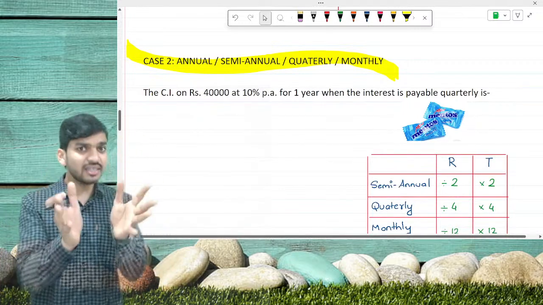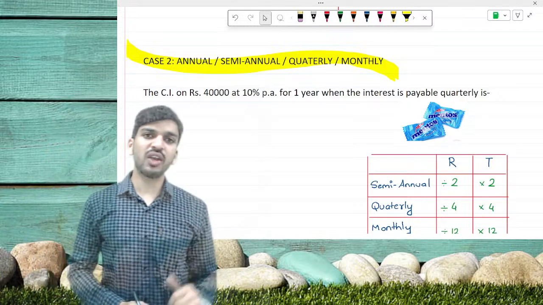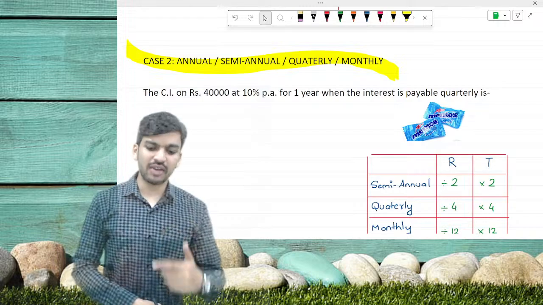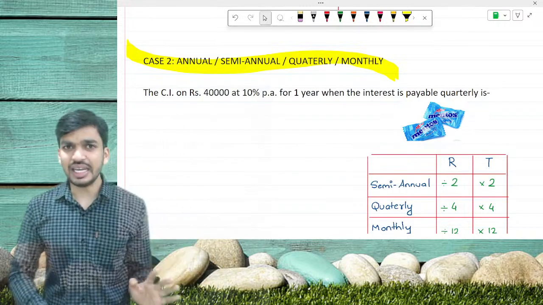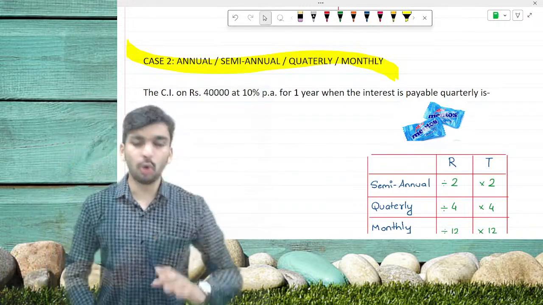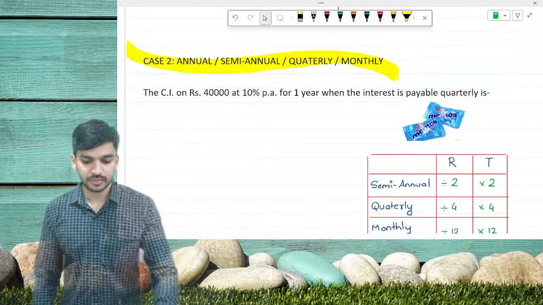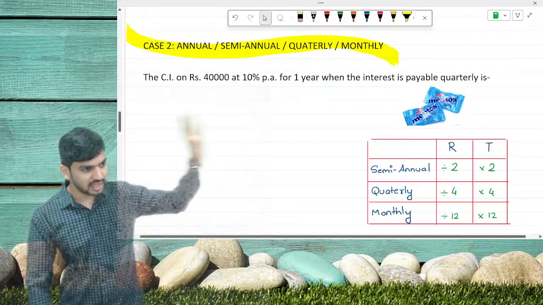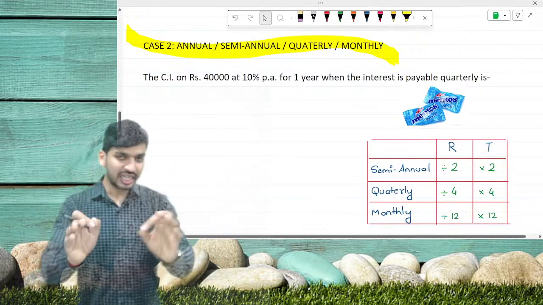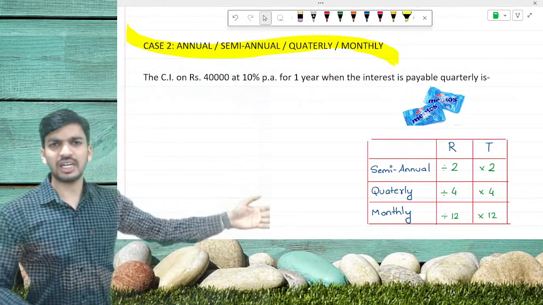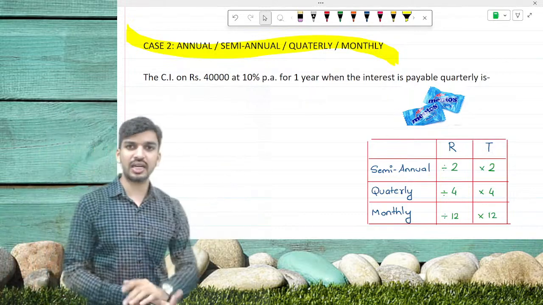So if this is the type of question where they have given annual, quarterly, semi-annual, monthly or daily compounding, what we need to do? We just need to change 2 things. And the Mentos trick is given in front of you. You can just take a screenshot of it, and there is no use of writing it down also. Okay, you just need to understand this part.